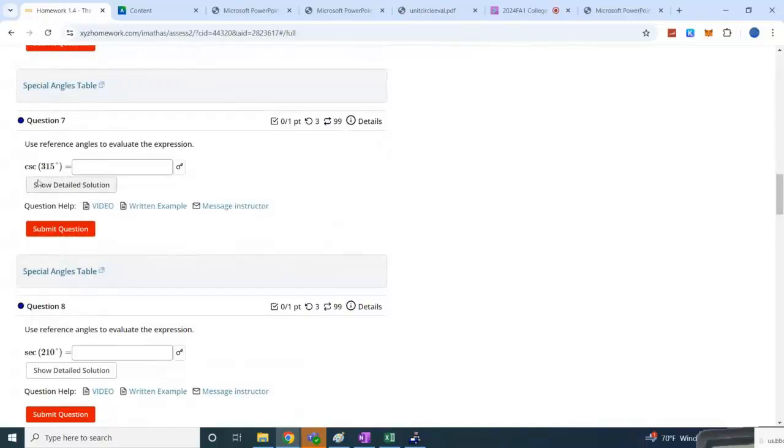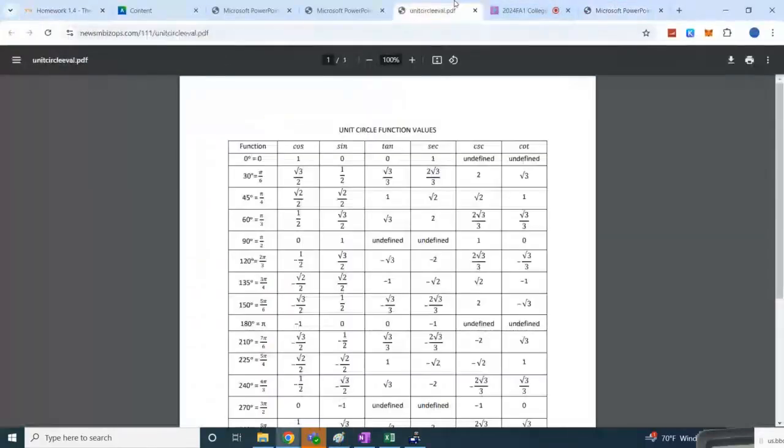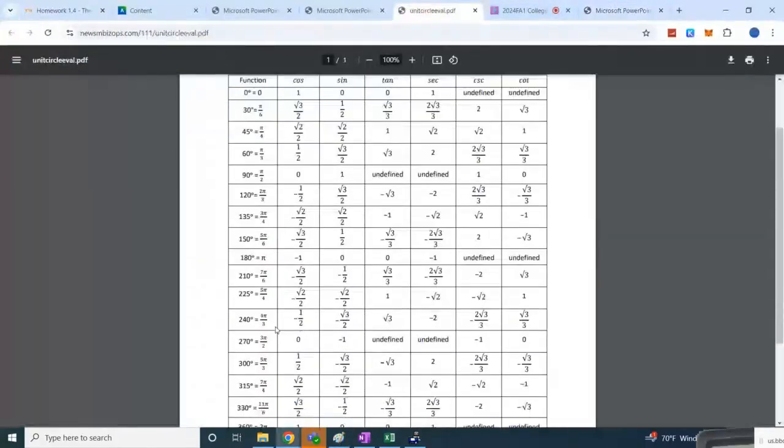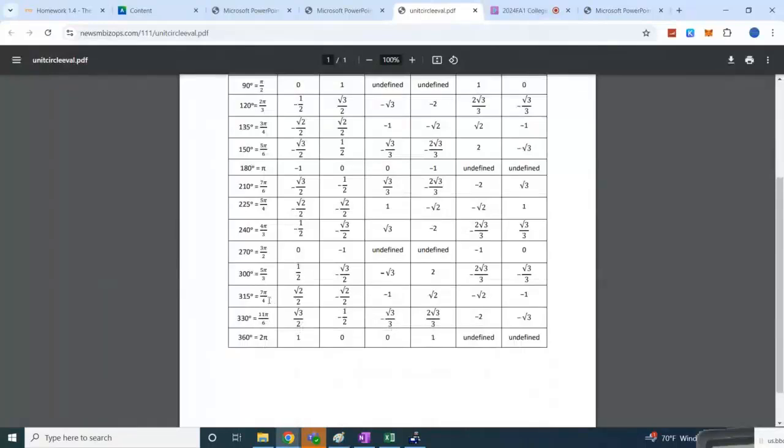I guess number 7. It says use reference angles to evaluate. Well, even though it says use a reference angle, you could actually just use the cosecant of 315 degrees. So I can find 315 degrees.